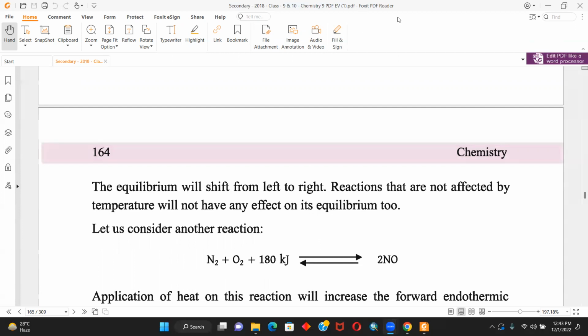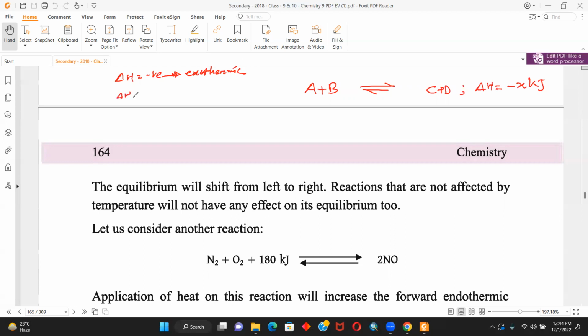Whenever you are working with an exothermic or endothermic reaction, it could be something like A plus B, say, for instance, reactants, and they are producing some products, and then delta H. Now, if delta H is negative, the reaction will be exothermic.